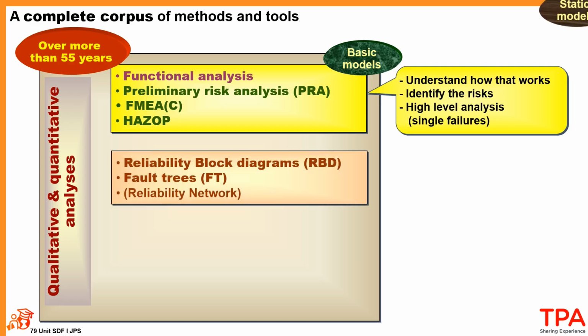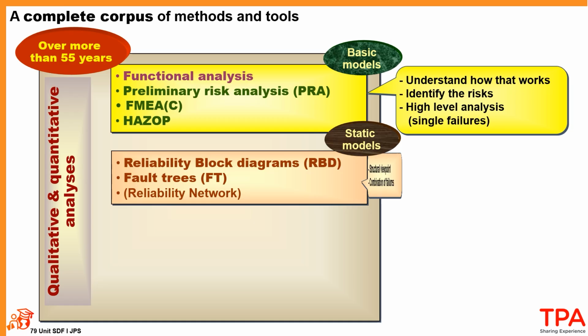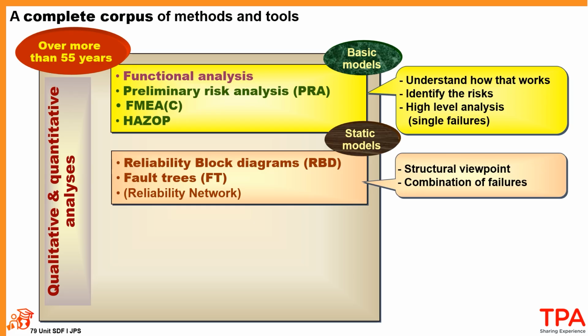Then we find the static systemic models, which comprise mainly the reliability block diagrams and the fault tree analysis. They provide a way to analyze the systems from a structural point of view and allow to take failure combinations into account. Their analytical Boolean background is also the basis for probabilistic computations. Even being static, they can be used to some extent to perform time-dependent calculations.